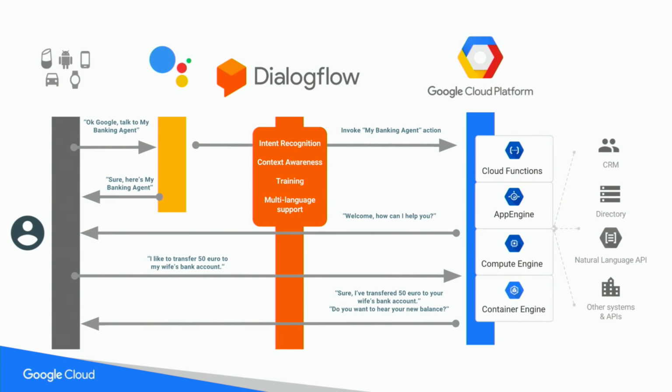You can probably choose between 2 or 4 different types of voices, like male or female voices, and they will say, sure, here's the banking agent. And then you can start talking within your Google Home to the banking agent, and the banking agent can talk to their own systems.